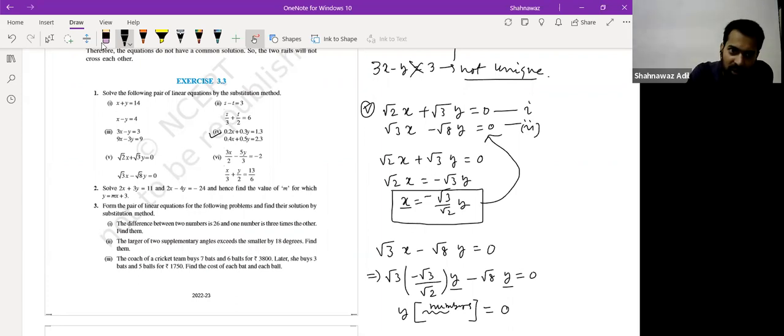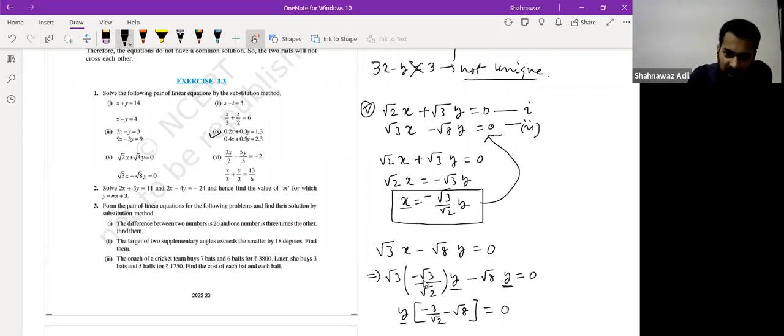Or you want me to solve this? So this is minus 3 by root 2 and minus root 8, right? We have taken y to be common, right?